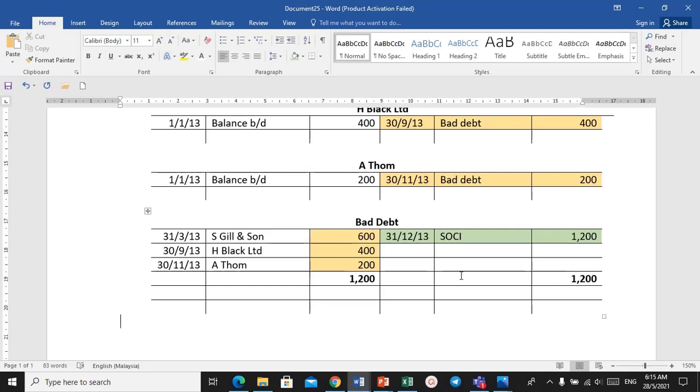You need to close the bad debt account each year. You cannot have any balance for bad debt account. You cannot bring the balance to the following year. Okay, so this is the principle. I hope you can remember that.